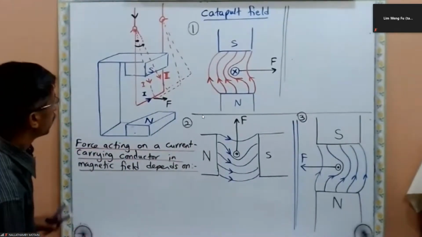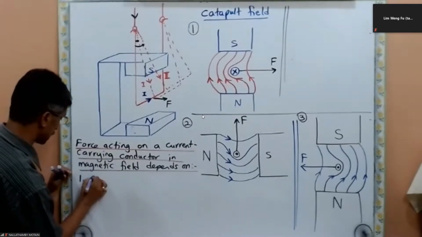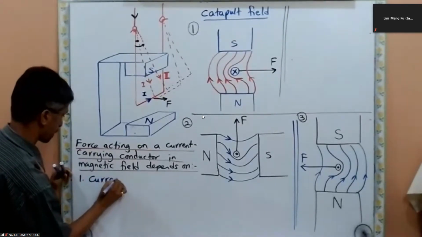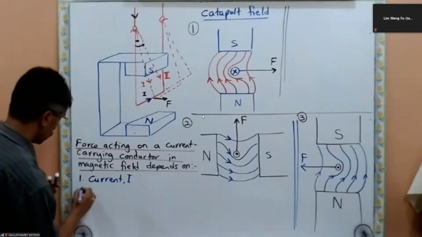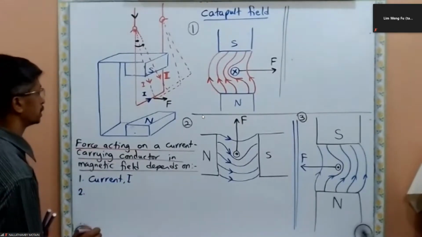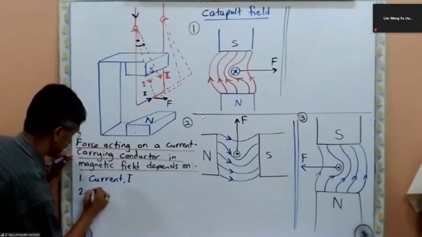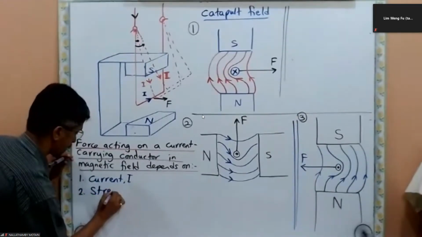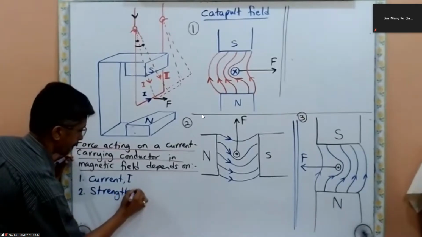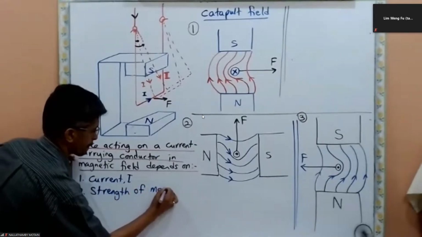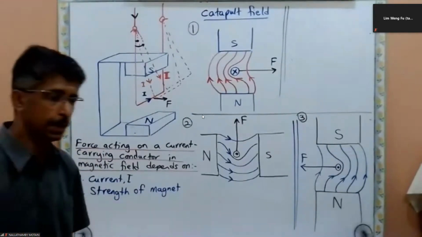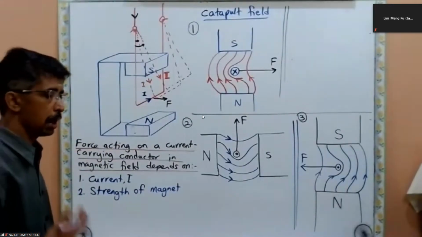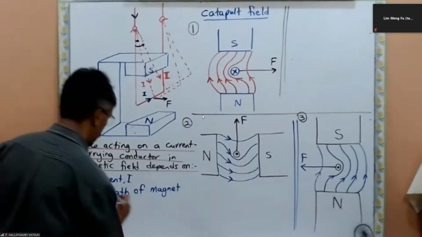Number one is current, I. Number two is strength of magnet. So when you come to the experiment, how are you going to increase the strength of the magnet?